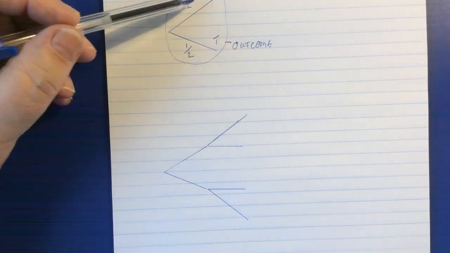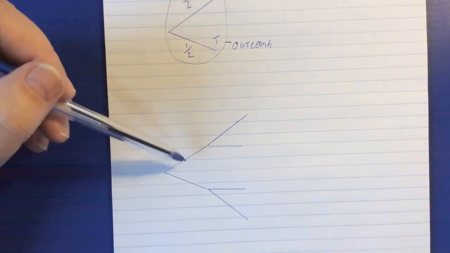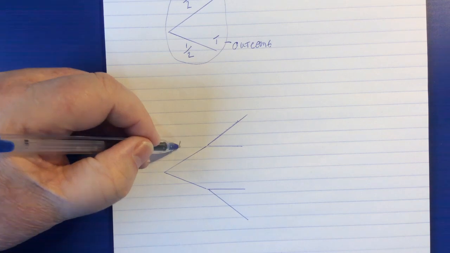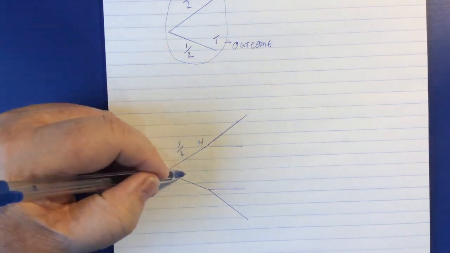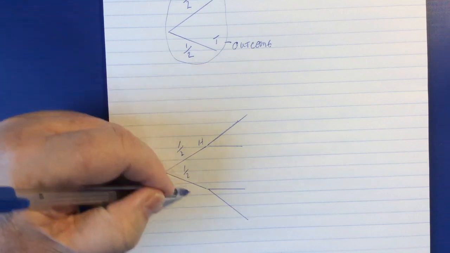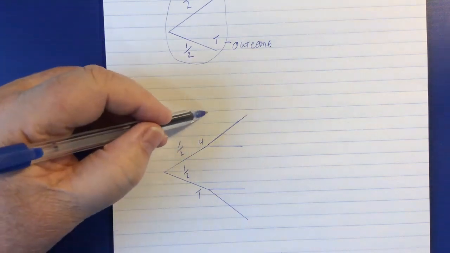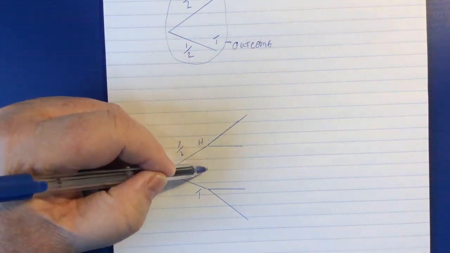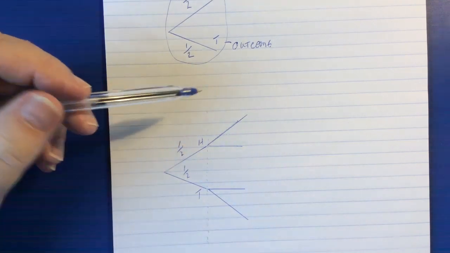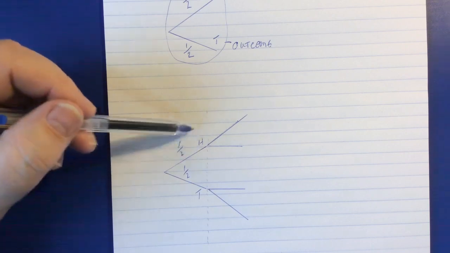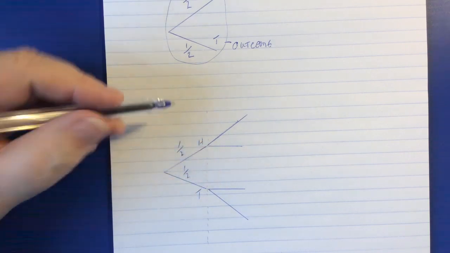Now, let's say we have two coins to toss. Well, we can copy what we had up here down onto here. The outcome here is a head, and the probability is 1/2. And the outcome here is a tail, and the probability is 1/2. And this, which I will just sort of section off with a dotted line, if you can see that, is the record of the event of throwing one coin once.